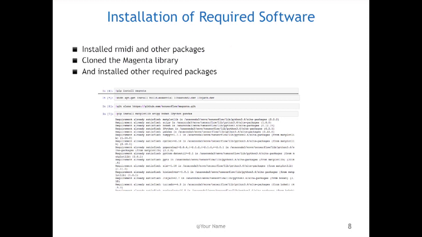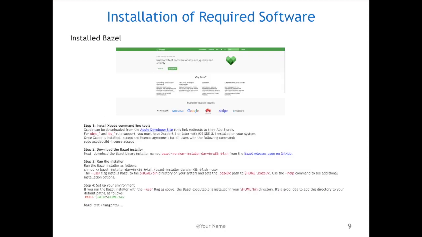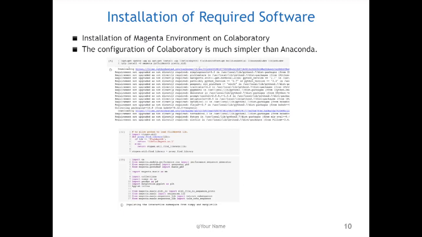I installed some other packages like RMIDI and some other required packages like Pandas, Matplotlib, SciPy, and also cloned the Magenta library. I installed Bazel for macOS. I also installed the Magenta environment on Colaboratory.